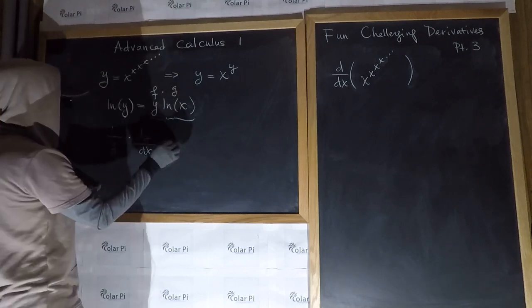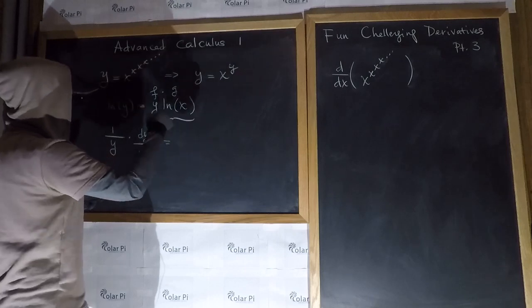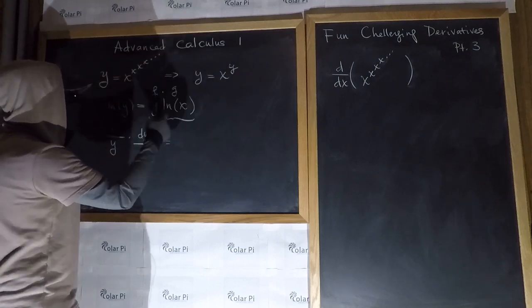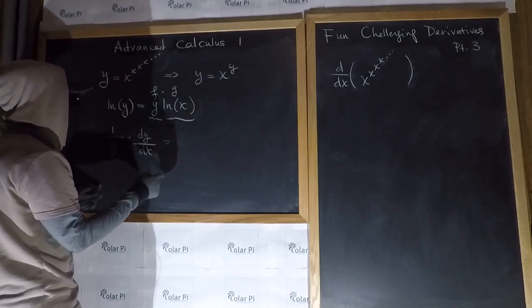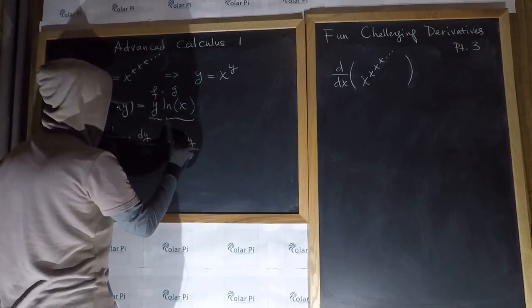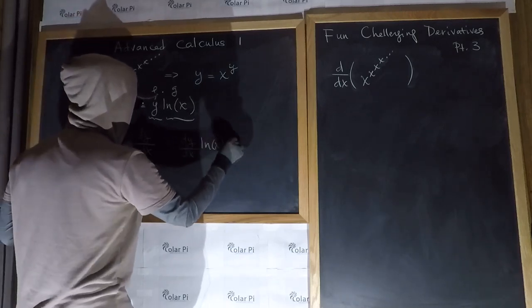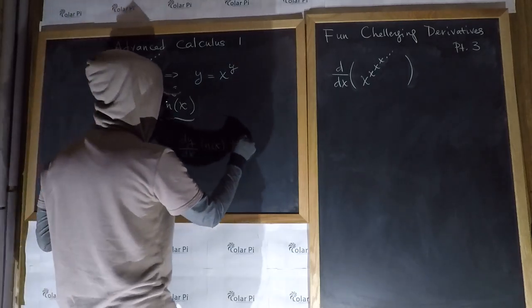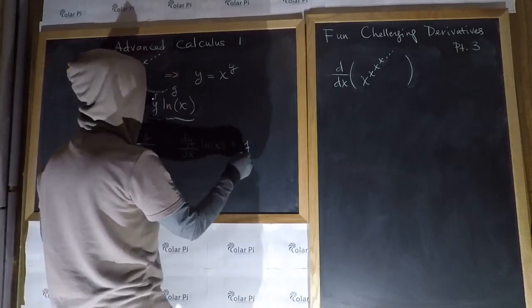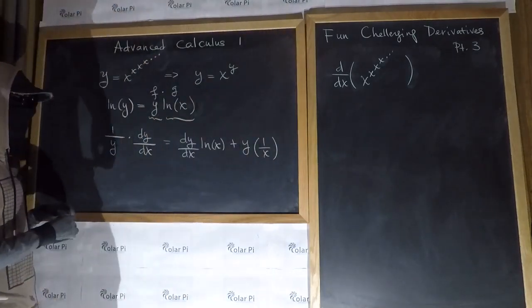This is not ln of y. So f prime g plus f g prime is going to be the product rule applied correctly on this right-hand side. My bad, guys. F prime is just dy dx, because that's the derivative of y. And then times g, which is ln of x, plus f, which is y, times g prime, which is 1 over x. Like that.